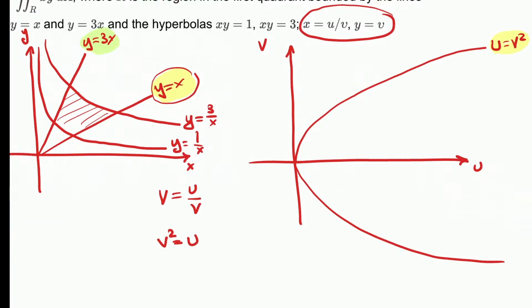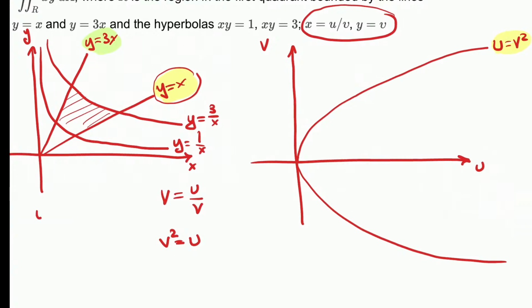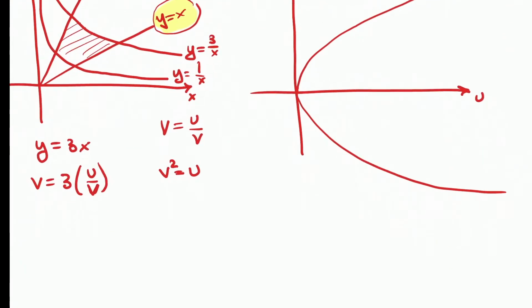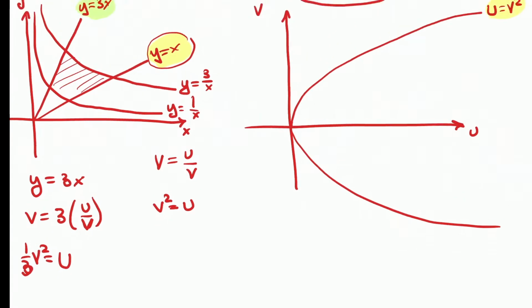Okay, let's see what happens with this one. Doing the same thing, I have y is equal to 3x. So v is 3 times u over v. That gives me u is equal to 1/3 v squared. It might have been more convenient if I had written this over here with u pointing up and down. I always think of u as going left and right though, so I'm stuck. So u is equal to 1/3 v squared. That parabola is going to look something like this.